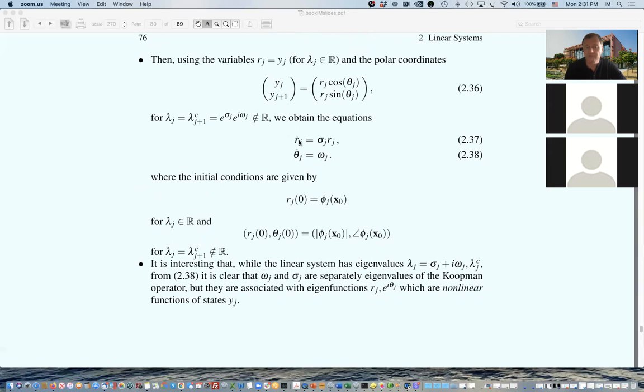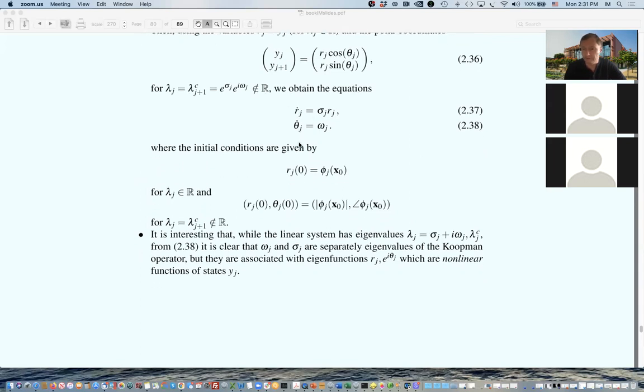So rotation on a circle, and then also an associated dissipation towards 0 of this variable rj.